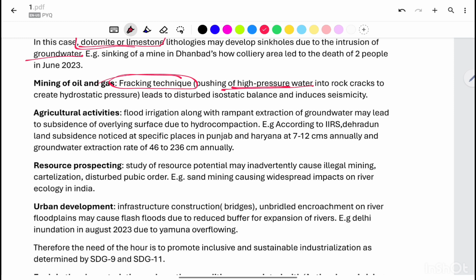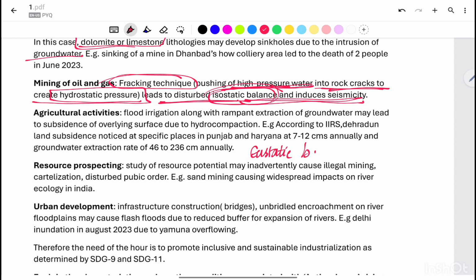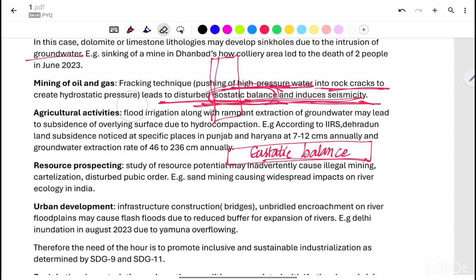This leads to disturbed isostatic balance, as with the construction of the dam. Eustatic balance, the balance of the water, is also disturbed over here. When the rocks are being displaced, it disturbs the isostatic balance, and this is inducing seismicity.